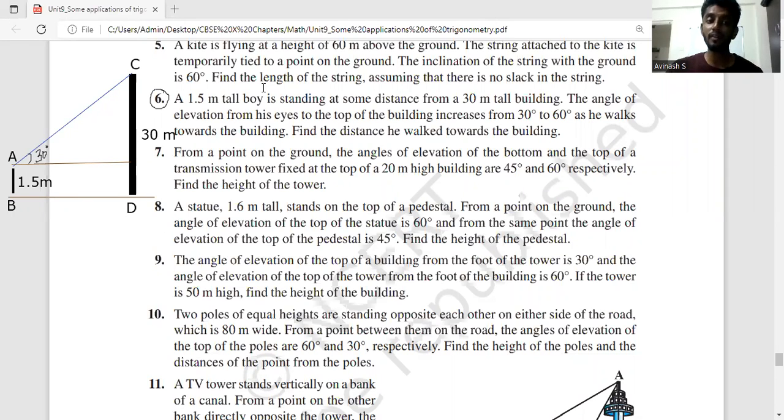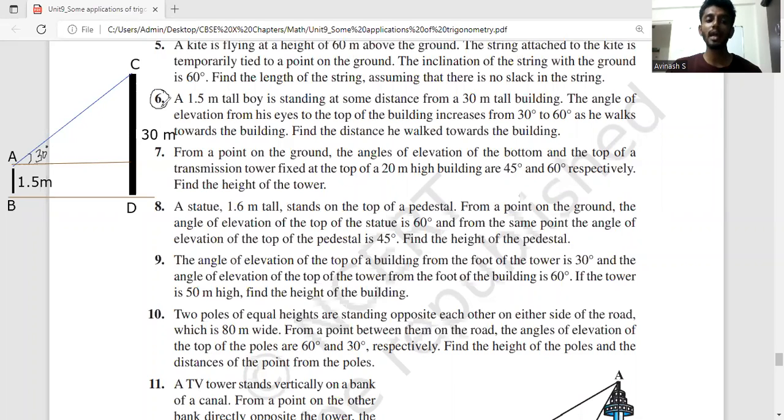Now, when I say angle of elevation, it is from his straight line, how much he has increased his line of sight. So that is why we are drawing this horizontal. This horizontal is very important. So from the straight line of vision, how much he has increased his line of sight, that is 30 degree, when he is standing at AB.